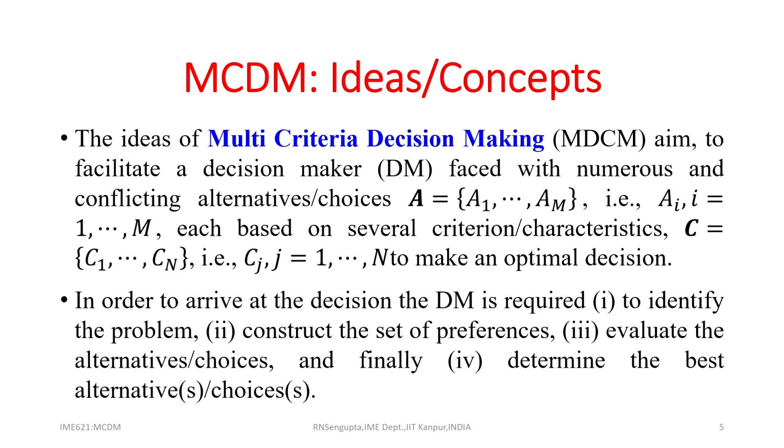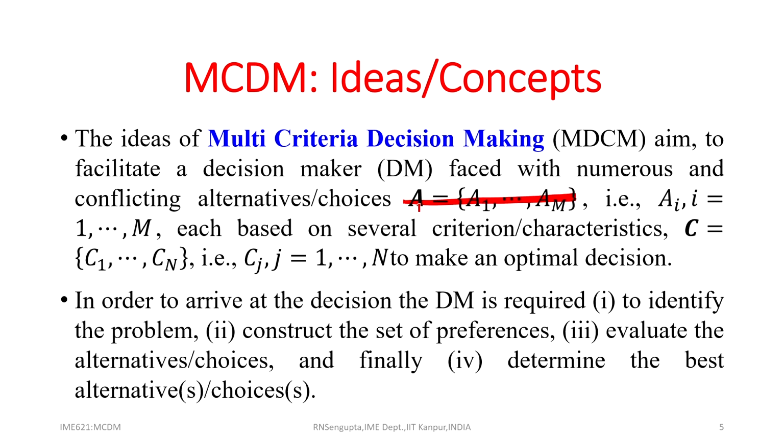The idea of multi-criteria decision making, which is a broader umbrella MCDM, whose aim is to facilitate the decision maker who is faced with numerous and conflicting alternatives and choices. When we say alternative choices, I will always try to highlight the concept of alternatives and choices by using the set A, which I am marking.